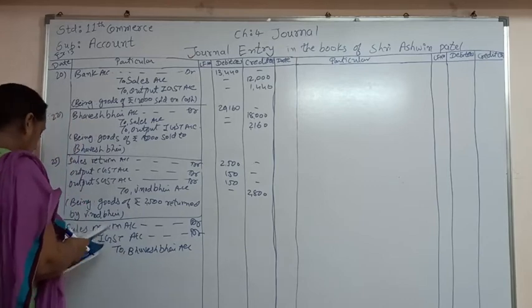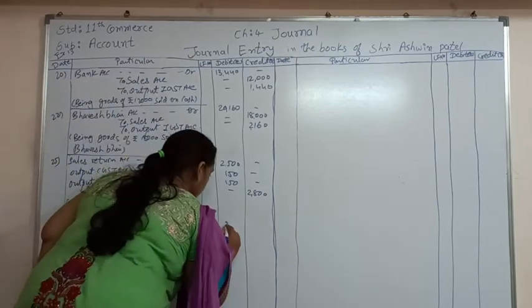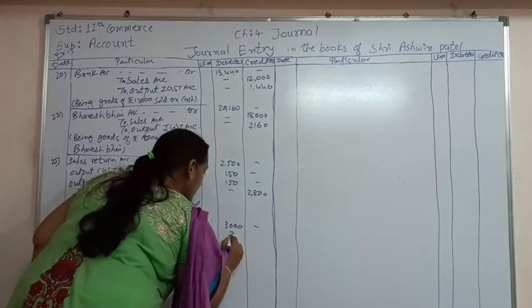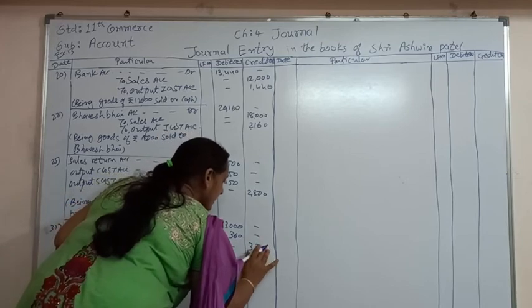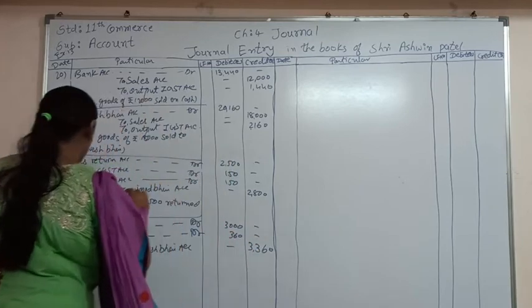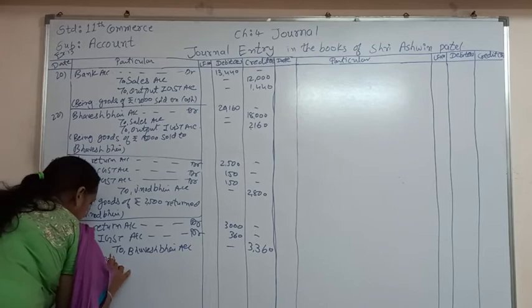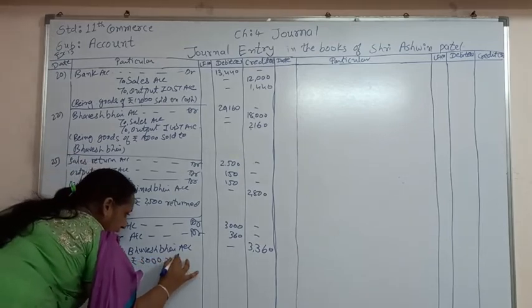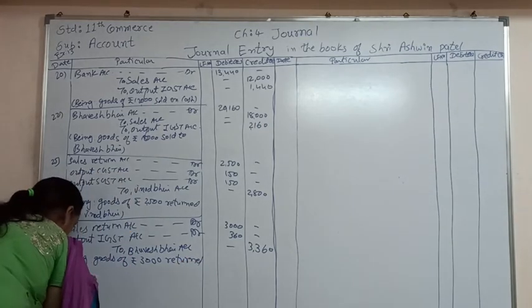Here the goods is of rupees 3,000, so sales return will be 3,000 and here IGST 12% will be 360. So the total amount will be 3,360. Being goods of rupees 3,000 returned by Bhavesh Bhai.